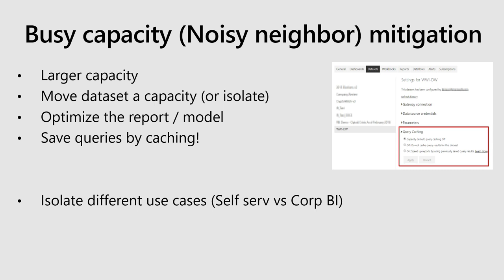Having two capacities, and creating one developer capacity that anybody can hit, but somebody is looking at the metrics and approves what gets to eventually migrate to a production capacity, which is the only capacity the CFOs are hitting, is a very good best practice that will isolate self-service from centralized BI cases and will prevent the what-the-heck moment when this report is not rendering when it should at 9 a.m. on the executive board meeting.